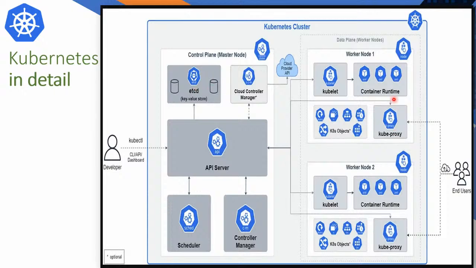So whenever the kube proxy comes to the API server with the same information, the API server will look into etcd and find that yes, both of them are complaining that something has gone wrong. There is a serious issue. So it will validate that the information is already available, and we will spring into action. So what will it do? It will immediately instruct the scheduler to go and please do something about it.